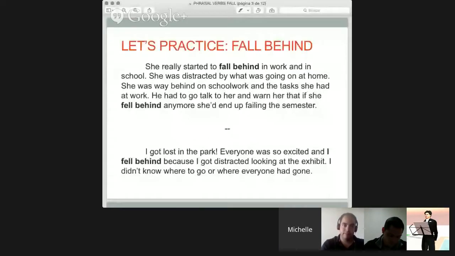So Fernando, could you read the first paragraph, please? Okay, she really started to fall behind in work and in school. She was distracted by what was going on at home. She was behind on schoolwork and the tests she had at work.